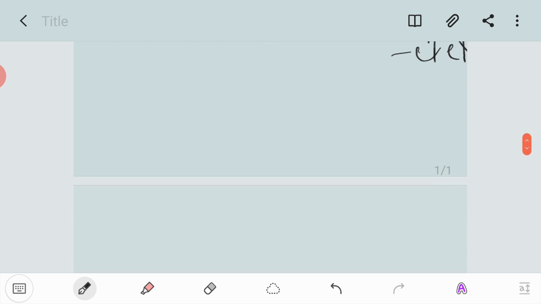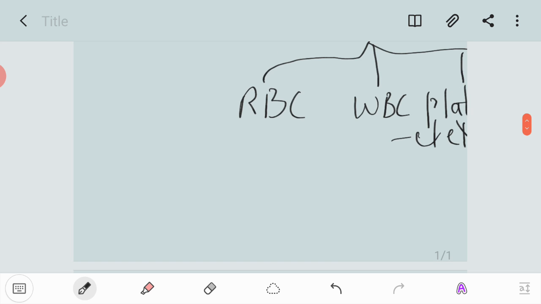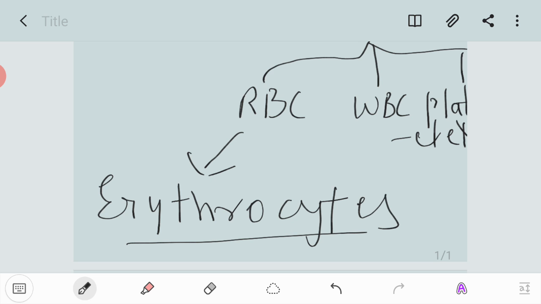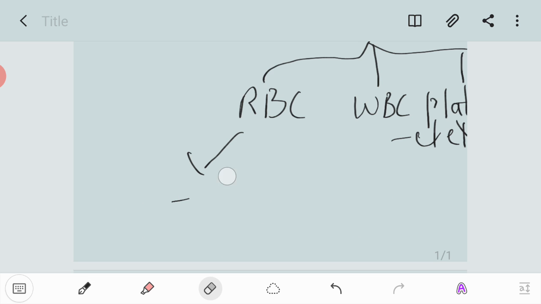So RBCs are also called erythrocytes, red blood cells, or red blood corpuscles. Now let us see what WBC is also called.